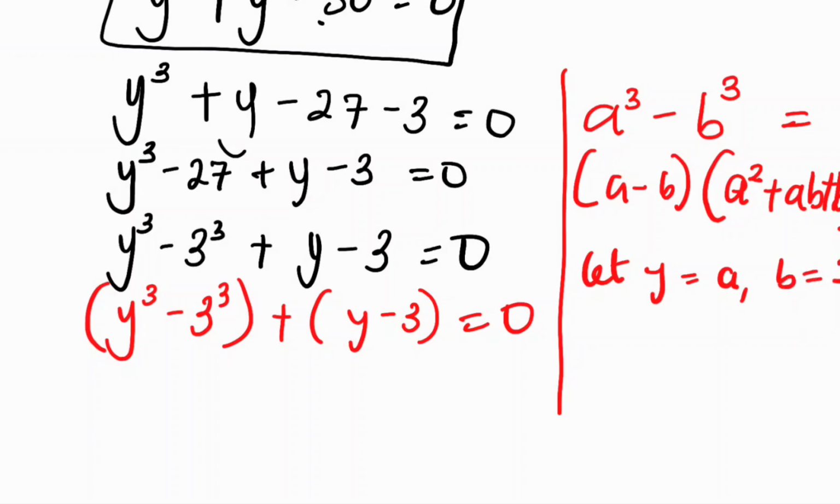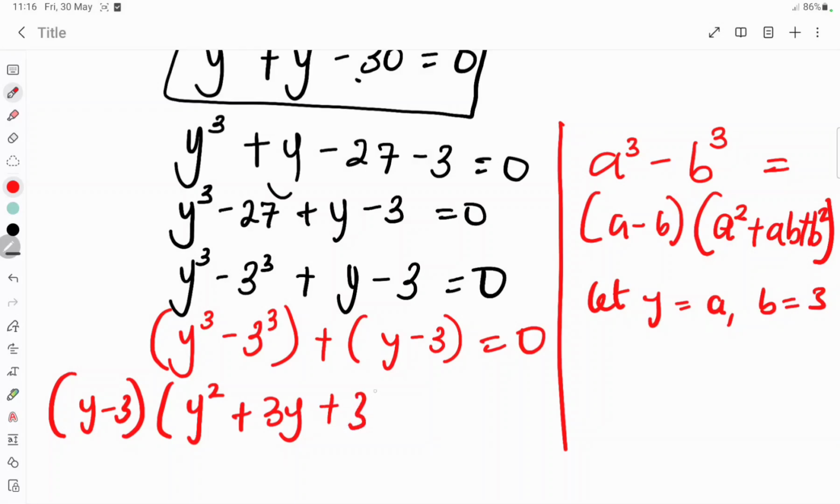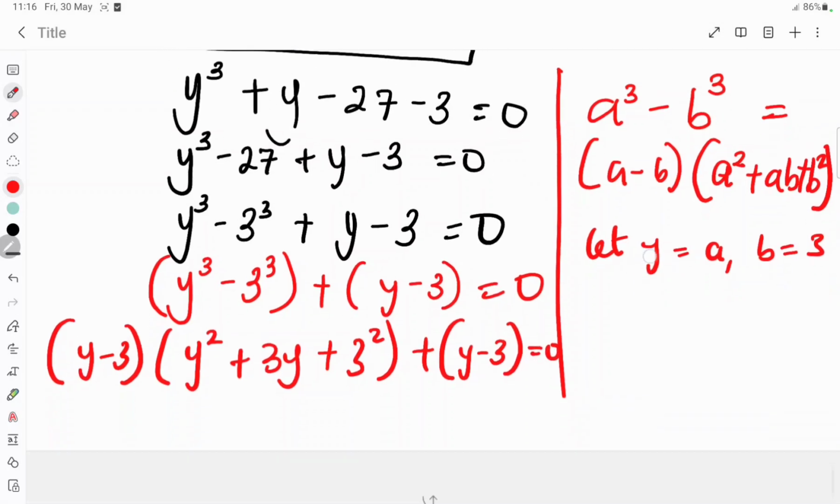So applying this rule, we have y minus 3 into y squared plus 3y plus 3 squared, then plus y minus 3 is 0.